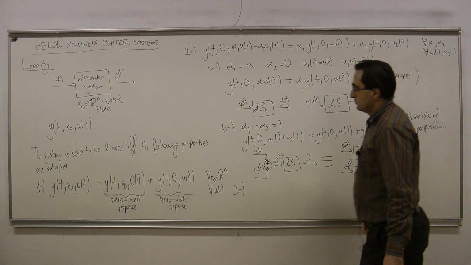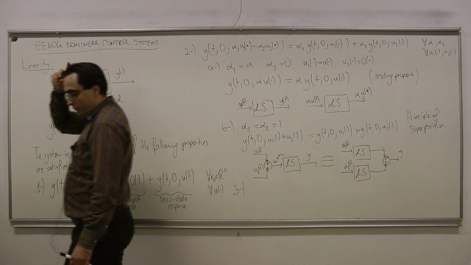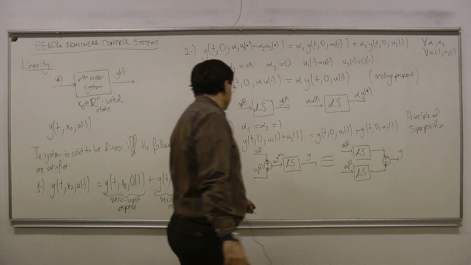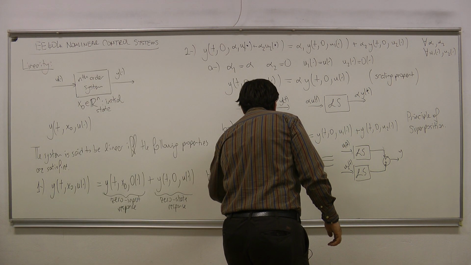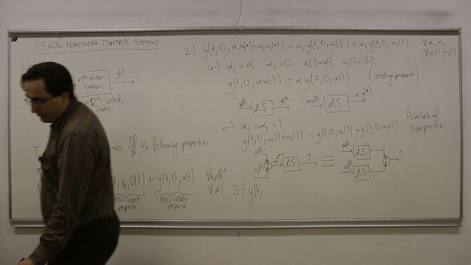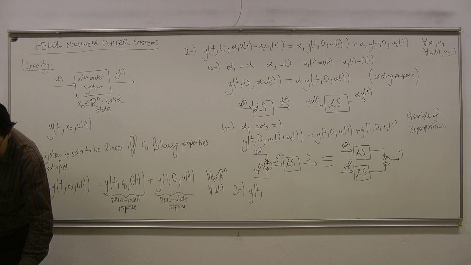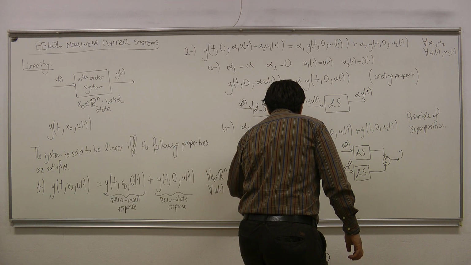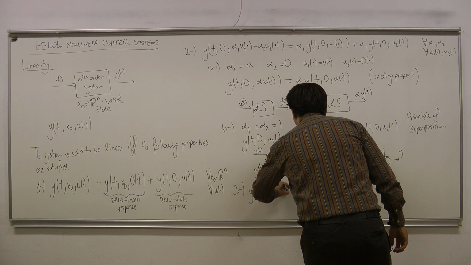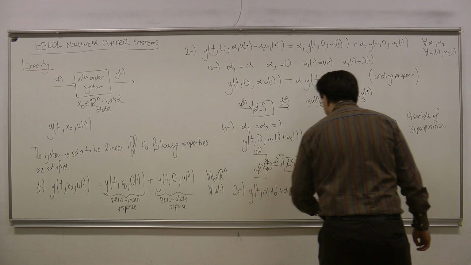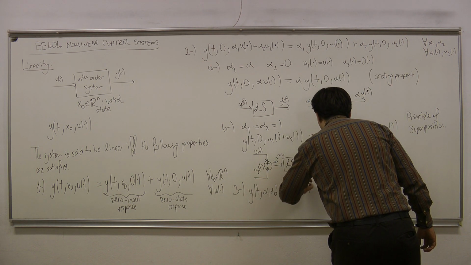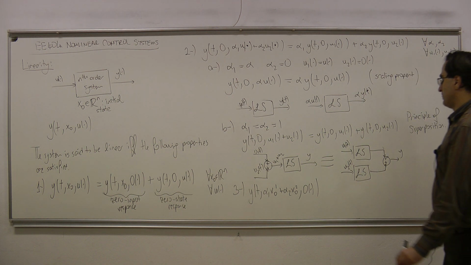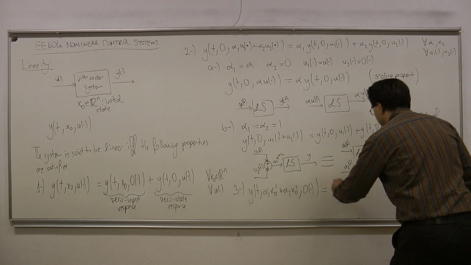That is the third property of linearity. So I have y of t, with alpha 1 x0 1 plus alpha 2 x0 2 as the initial condition, and zero input to the system.